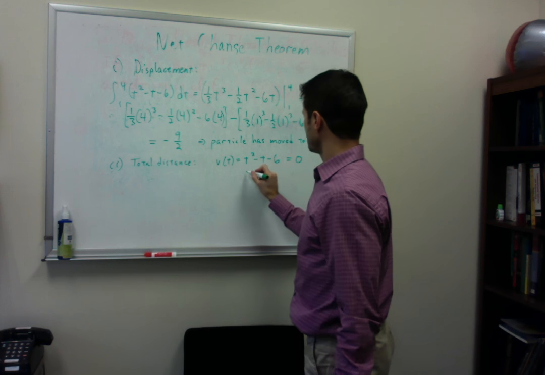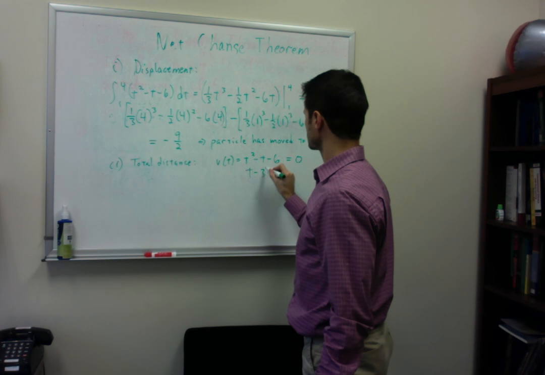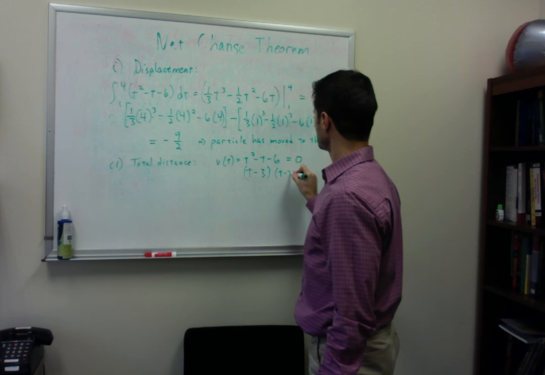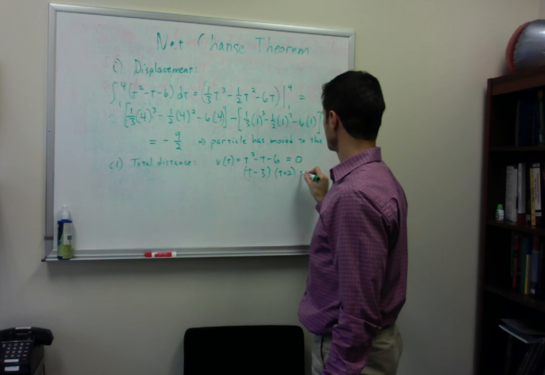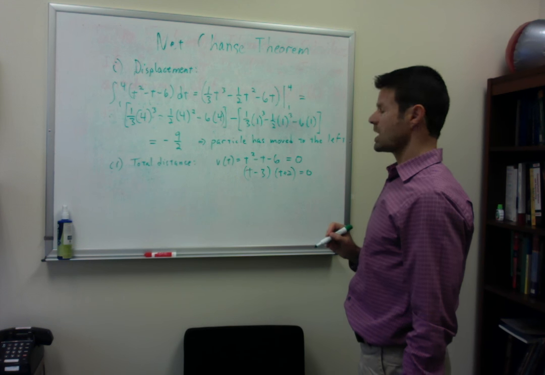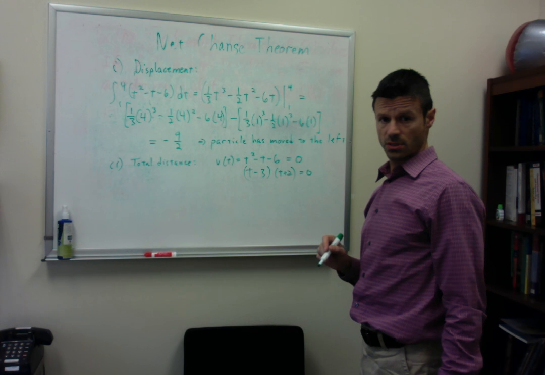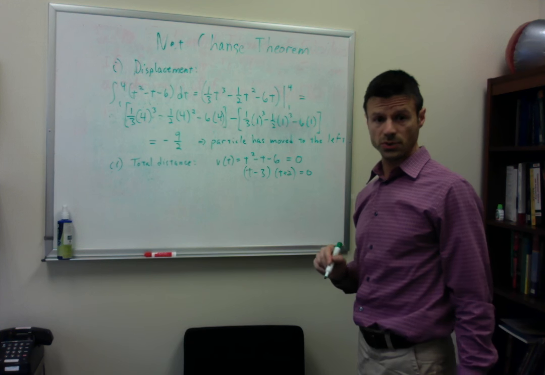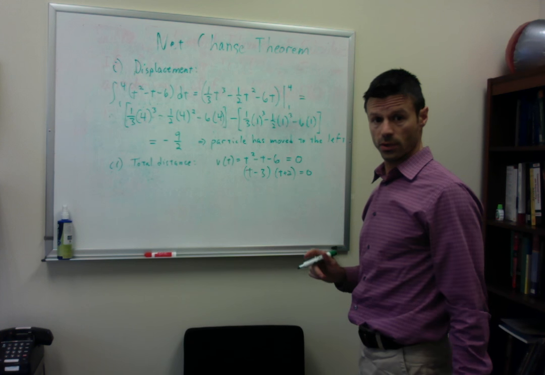Here I can factor t minus 3, t plus 2. I believe this works. So we have 3 and minus 2 as the roots. The one that's important here is t equals 3, which is in our interval from 1 to 4.